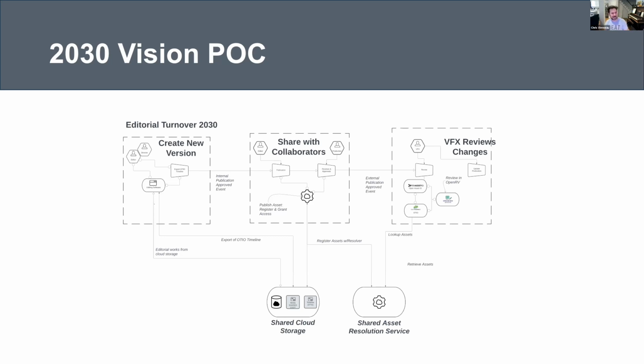We render the assets directly to the cloud and shared cloud storage. We then extract out the IDs that were in the OpenTimelineIO, and then we register those with our resolver, which we can then plug into OpenAssetIO, so that in the end, in OpenRV, and we'll demonstrate this, we can load up the OTIO, and instead of the media being local, the media is on a shared cloud storage.